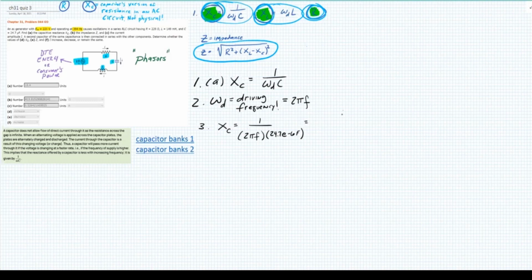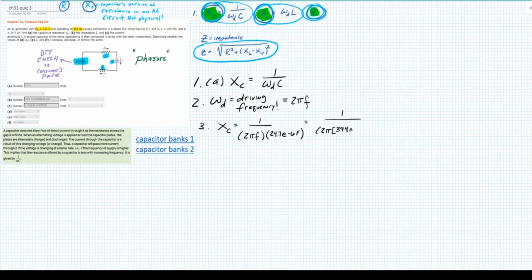So that becomes 1 over 2 pi f. And for me, that turbine is spinning at a rate of 394 spins per second. So f is 394.